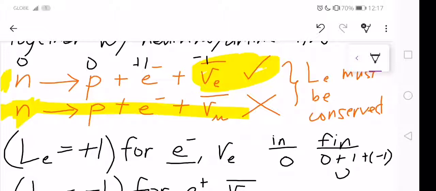As we can see in the second reaction, the initial lepton number is also 0 from the neutron. The lepton number of the proton is still 0. The lepton number of the electron is 1.